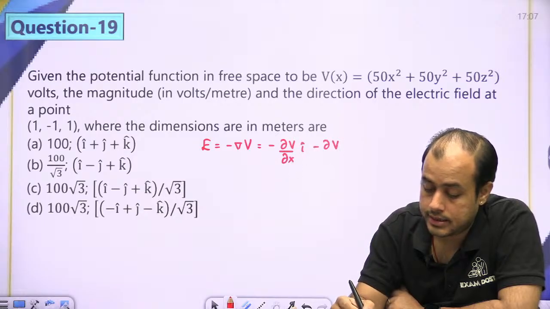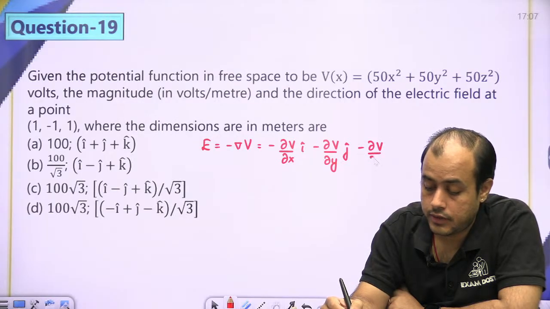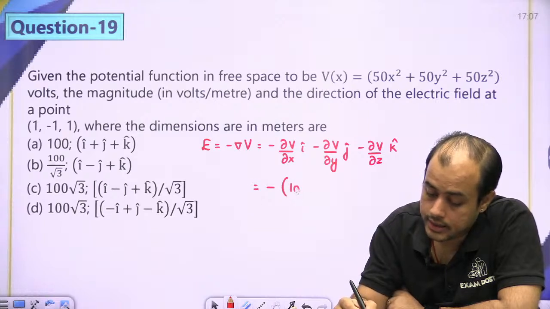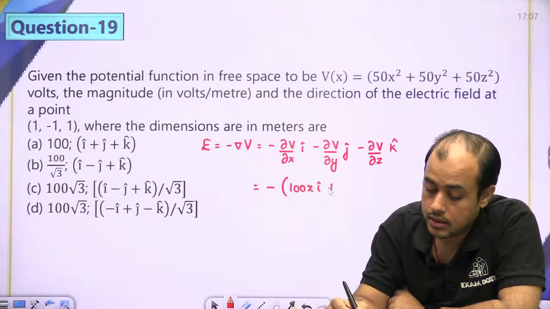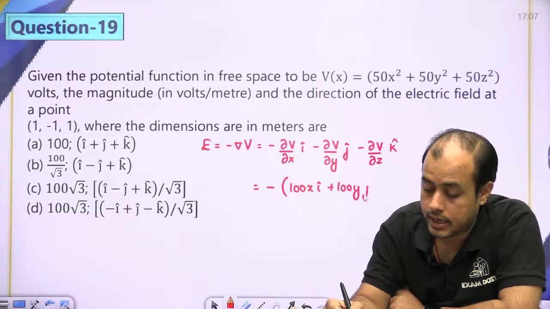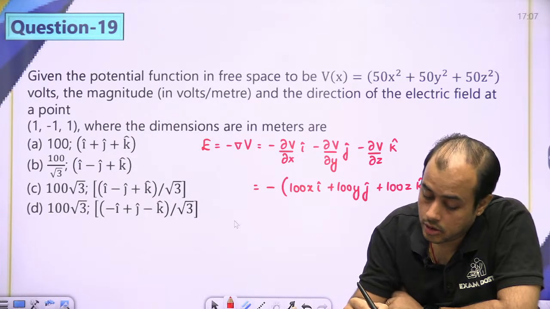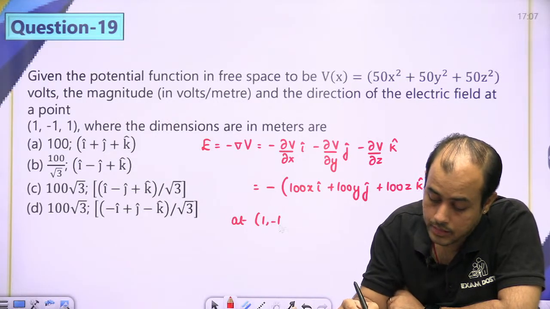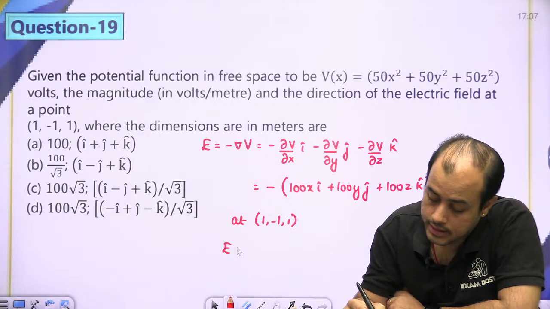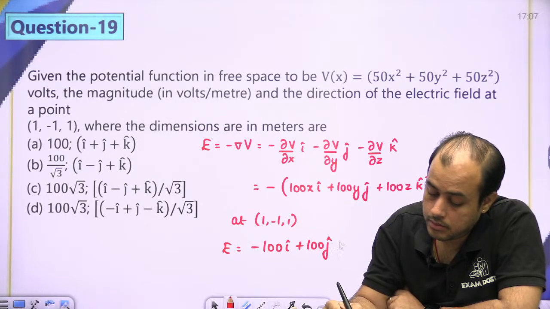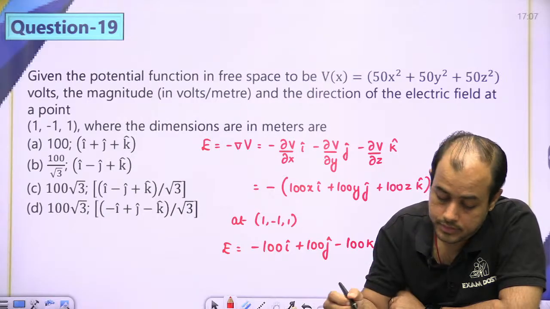Minus del V by del x i, del V by del y j, del V by del z k. Minus 100x i, 100y j cap, 100z k cap. Now at 1, minus 1, 1, electric field will be minus 100 i plus 100 j minus 100 k.